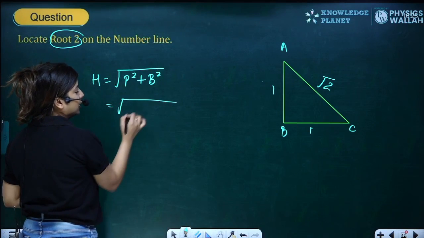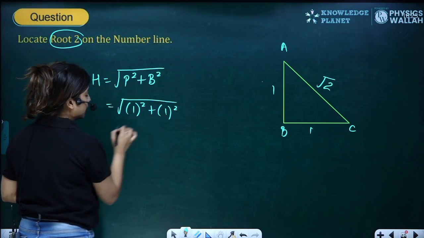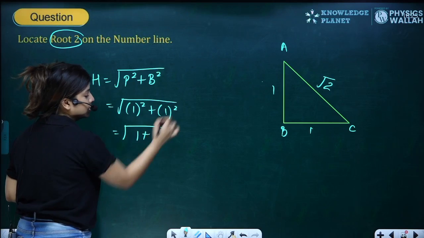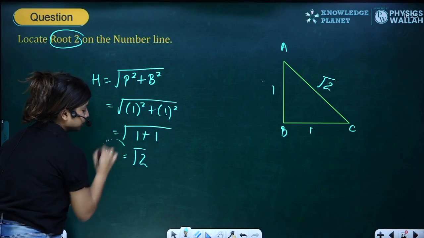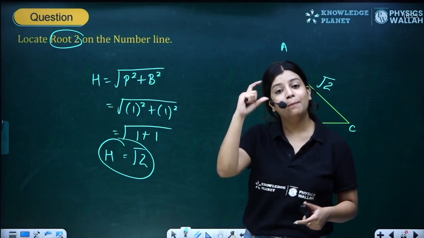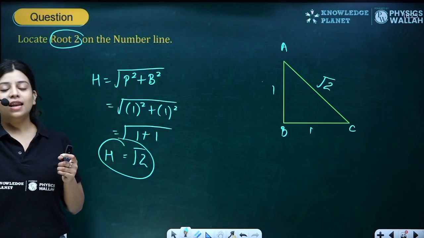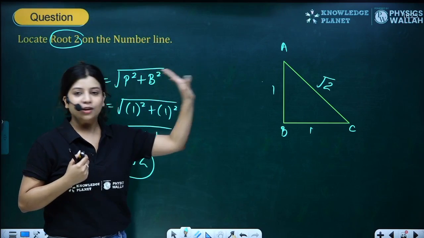See, under root of 1 square plus 1 square, which is equivalent to under root of 1 square is 1, 1 square is again 1, which is equal to under root of 2. So if I take my base as 1 unit and perpendicular as 1 unit, so straight away if I join the line between these 2 points, I will get my hypotenuse as root 2.